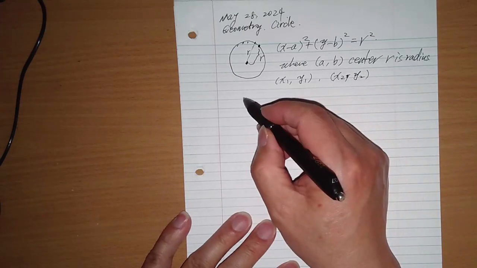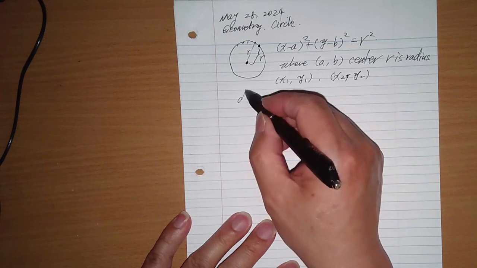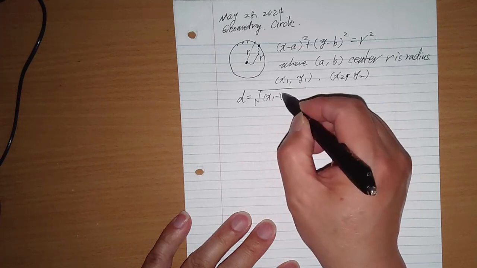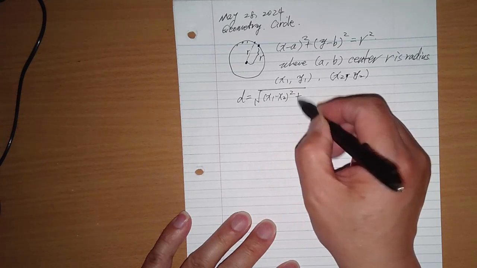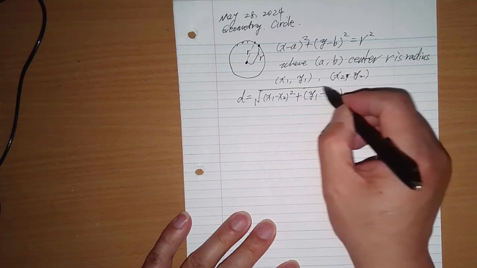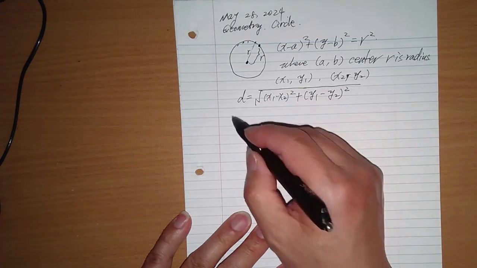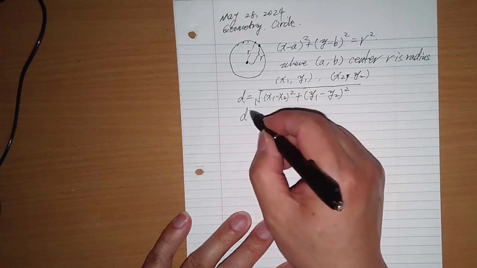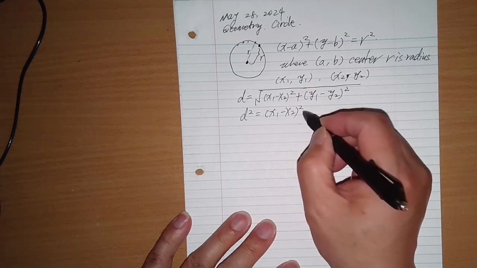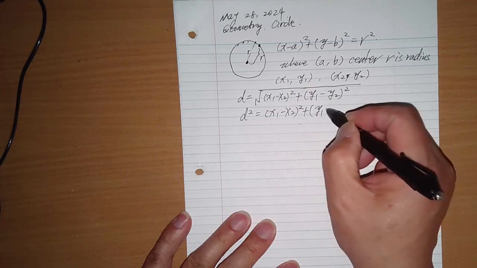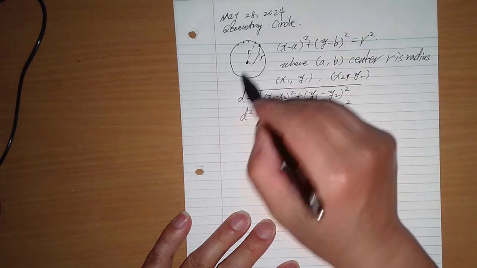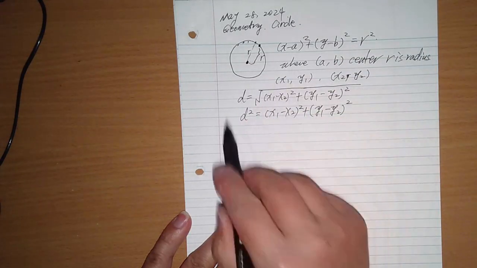So the distance between those 2 points, d, equals the square root of (x1 minus x2) squared plus (y1 minus y2) squared, right? If we square both sides, we get d squared equal to (x1 minus x2) squared plus (y1 minus y2) squared.